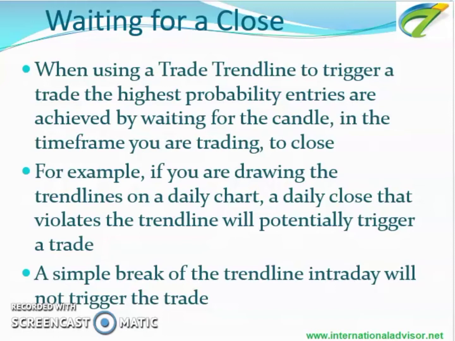A simple break of the trend line intraday will not trigger the trade because at closing it may close up or down. So closings are the most important to watch.